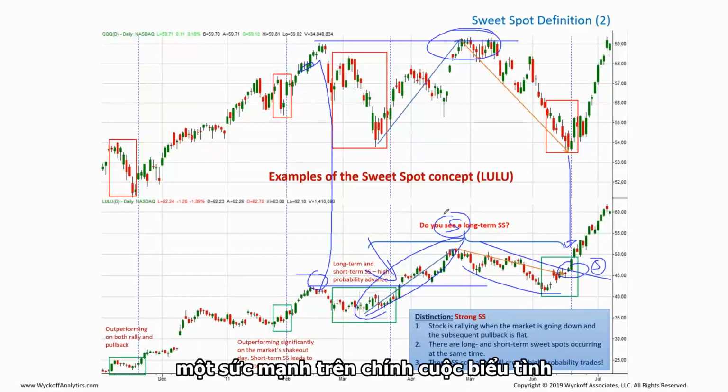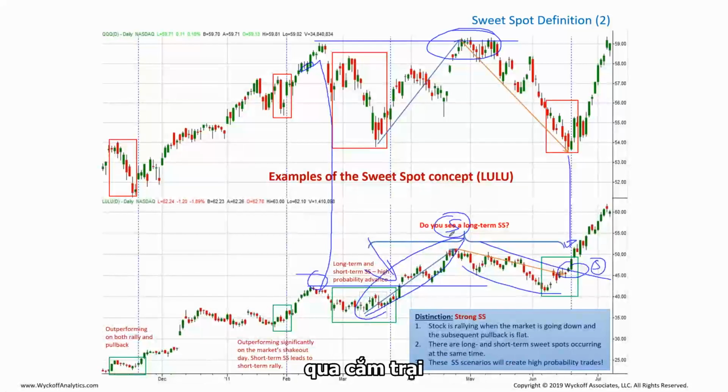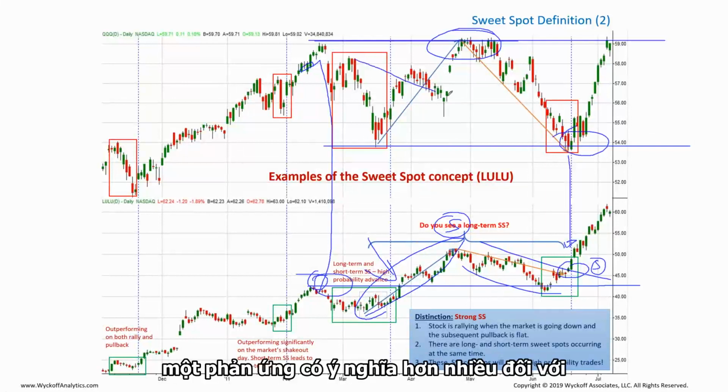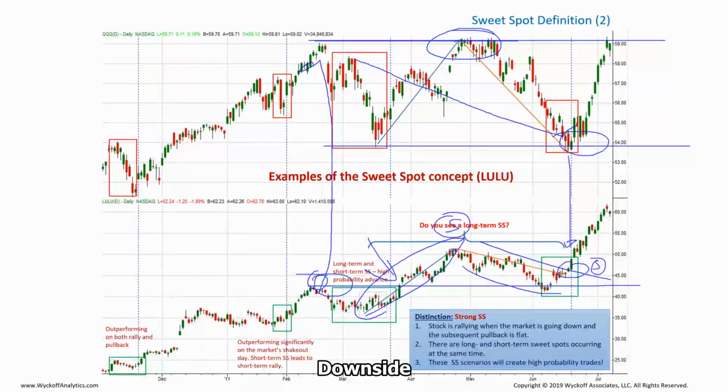There is a strength on the rally itself, overcoming the structure, overcoming the resistance for the stock, and then the reaction comes to the level of the support, whereas for the market, we definitely see a much more meaningful reaction to the downside.